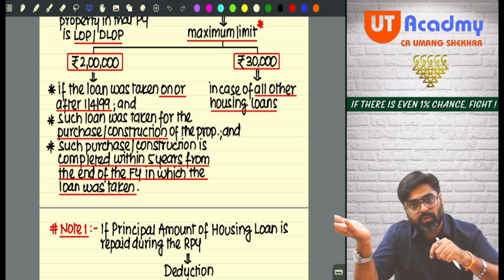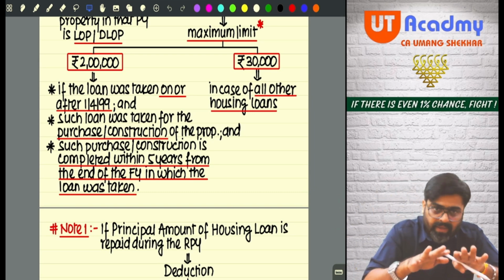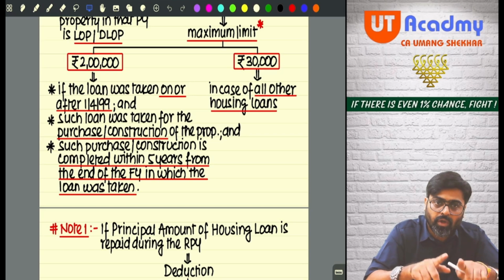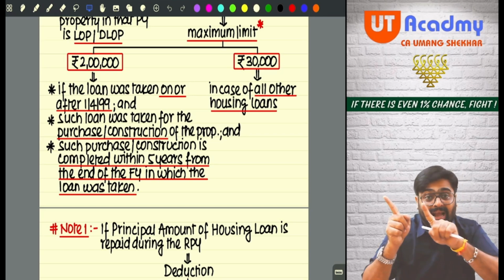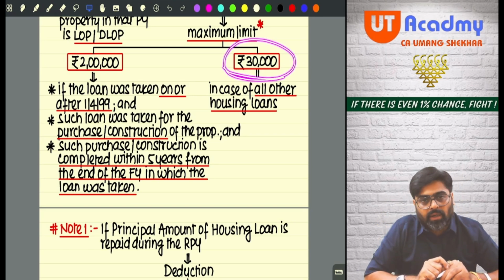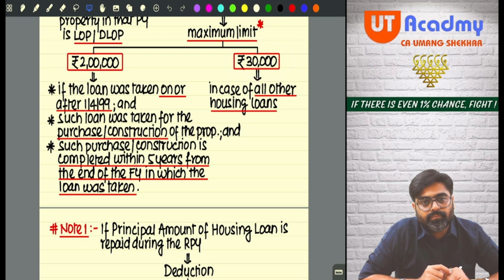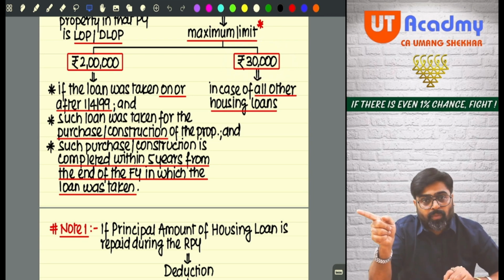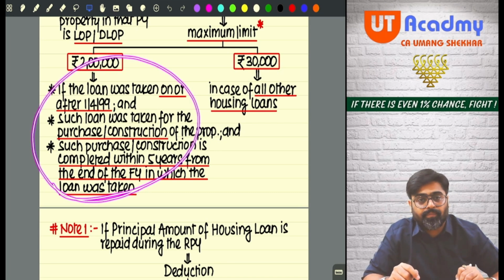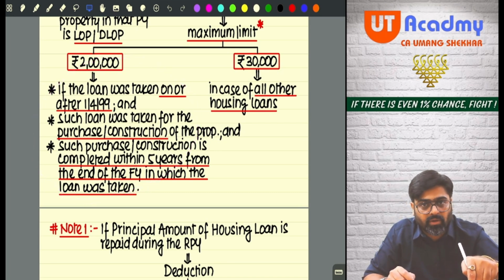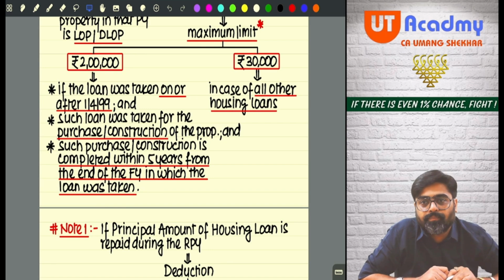On that loan, whatever interest becomes due in this year will be allowed subject to a maximum of 30,000. And if the loan you took for this property was covered here, then the interest becomes allowed subject to a maximum of 2 lakhs.